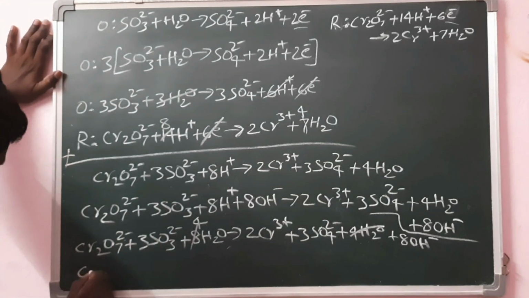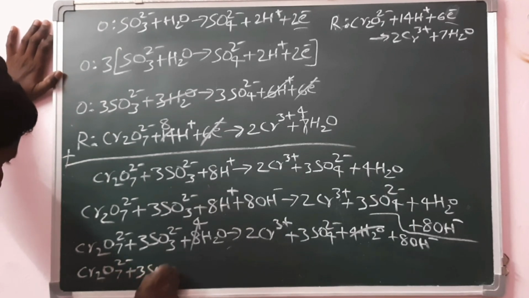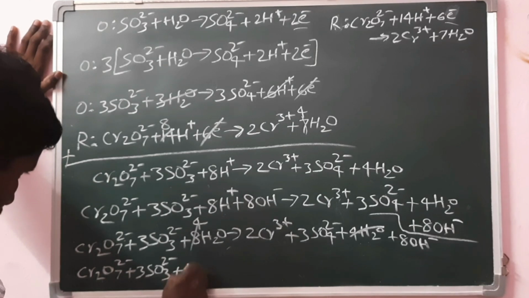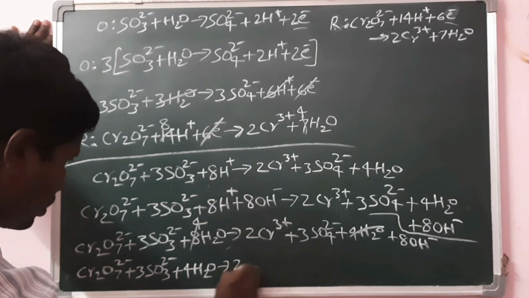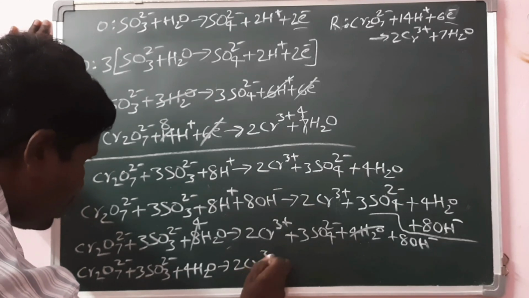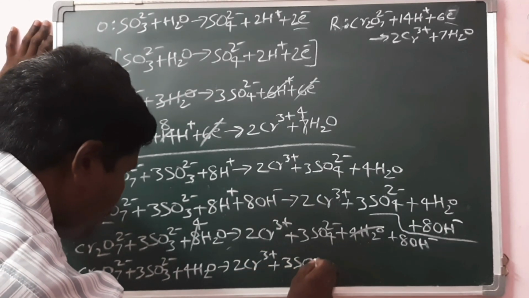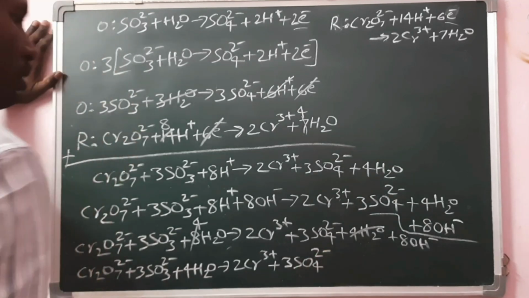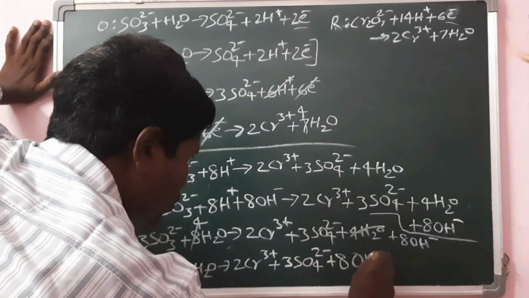So Cr2O7 2 minus plus 3 SO3 2 minus plus 4 H2O gives us 2 Cr3 plus plus 3 SO4 2 minus plus 8 OH minus.